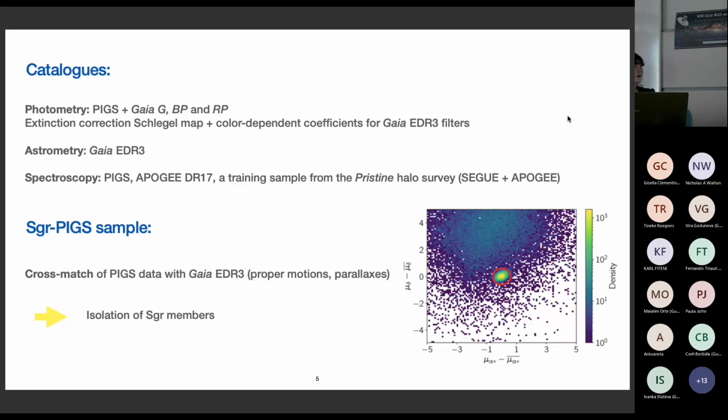This is also where it's very important to have a synergy between different surveys. So we use the follow-up from PIGS itself, plus metallicities from APOGEE DR17.